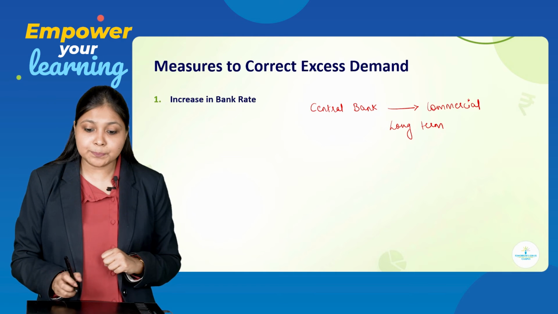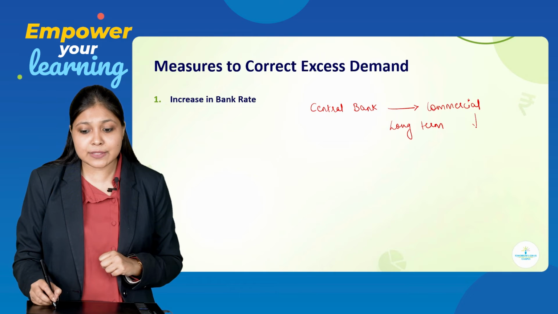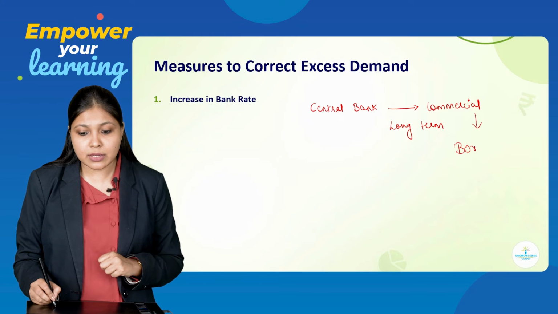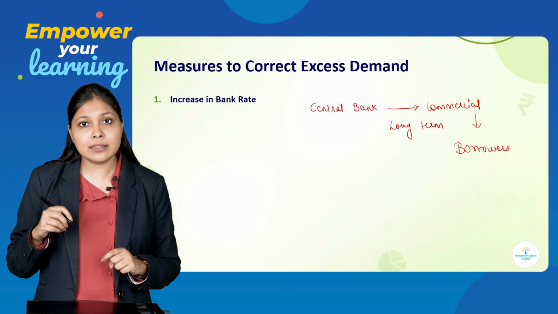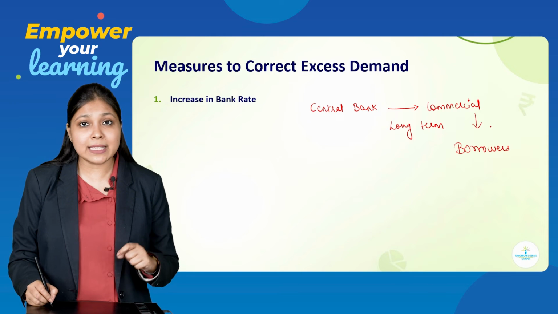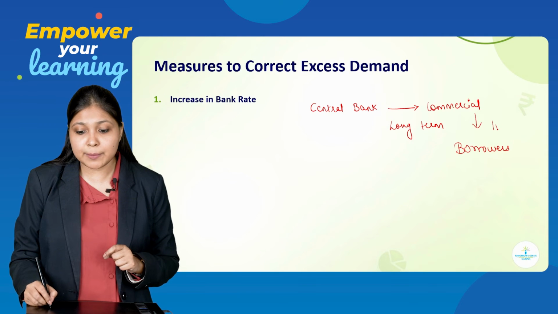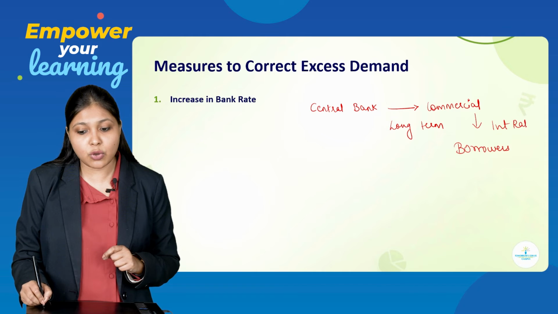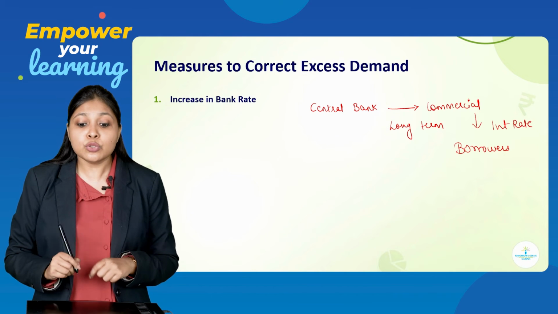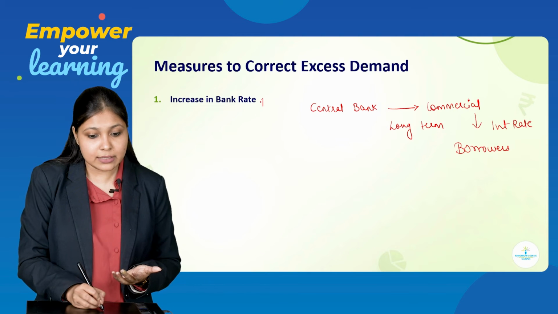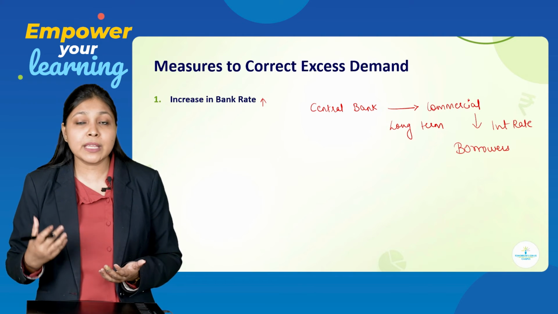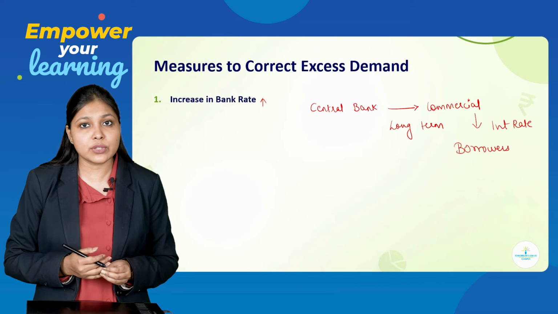See, we know that commercial banks give loans to the borrowers. If the commercial bank is lending loans to the borrowers, they will be charging an interest rate. So if the central bank increases the bank rate, of course, the commercial bank will also increase its interest rate.